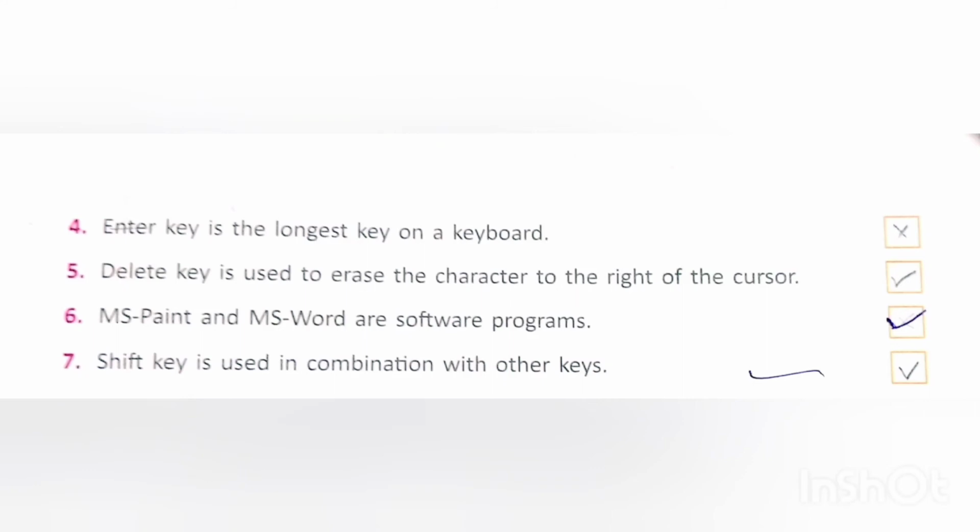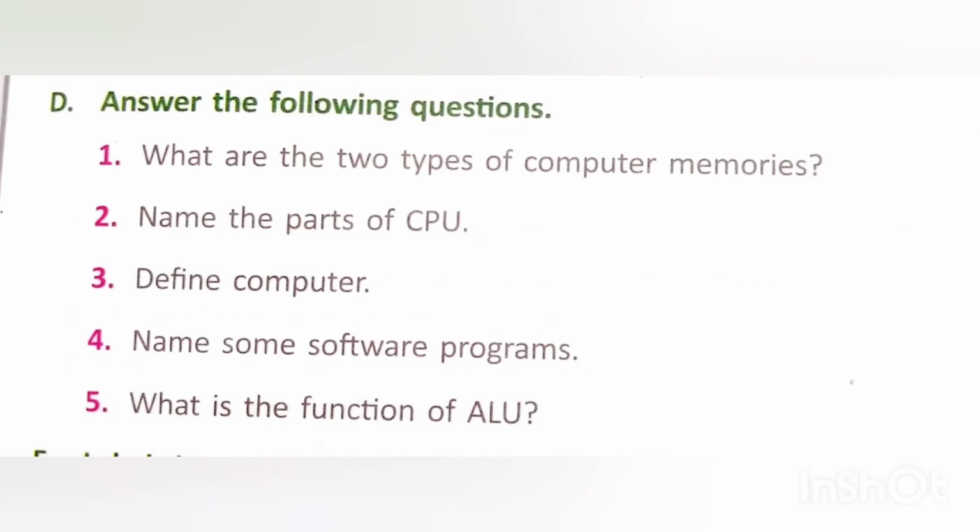Yes, these are not hardware programs. We cannot touch these. These are software programs. Number 7, shift key is used in combination with other keys. Yes, we use shift key in combination with other keys. That is also correct. Now, exercise number D, we will complete it in our copy in the next video.